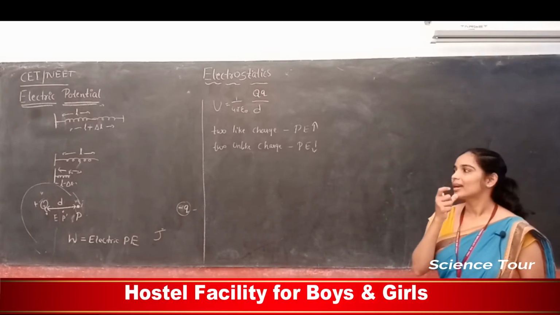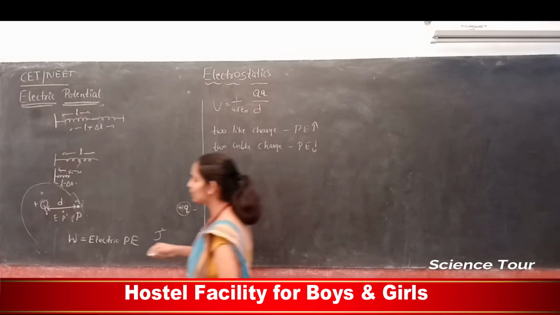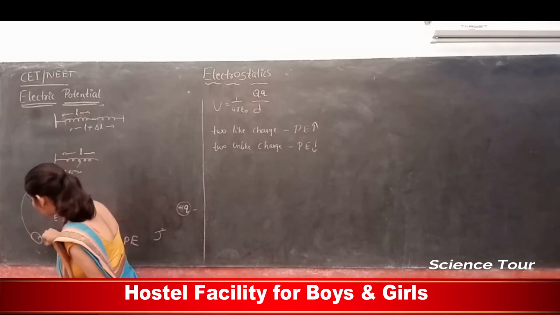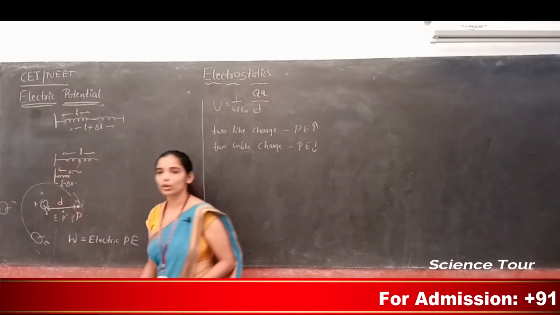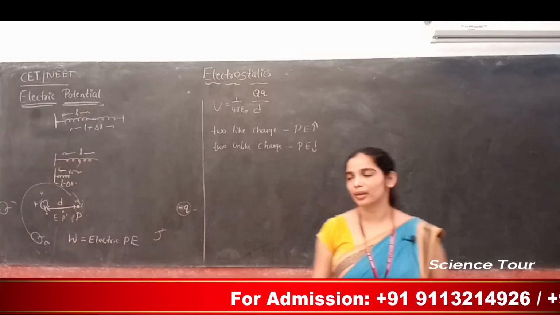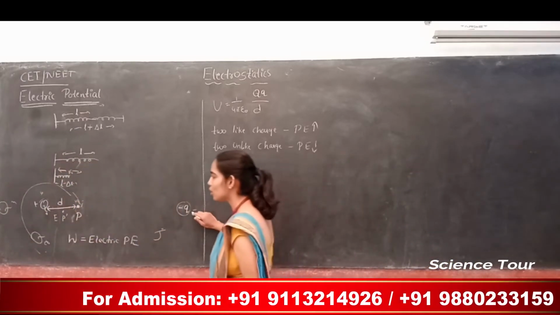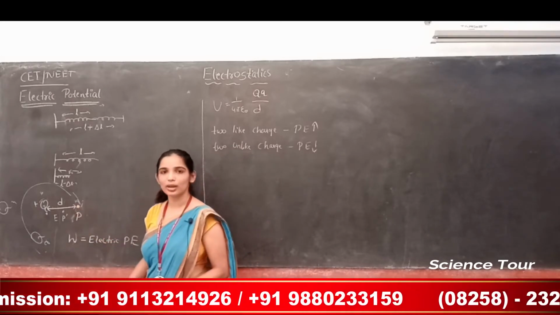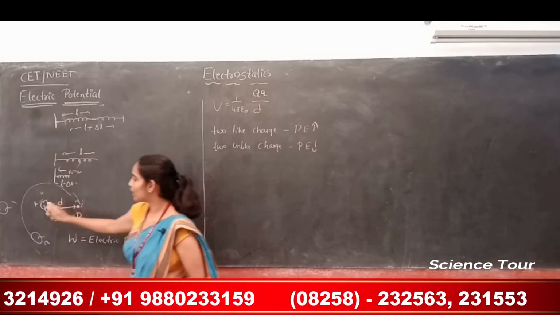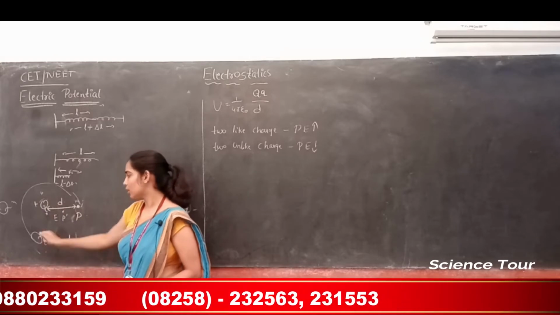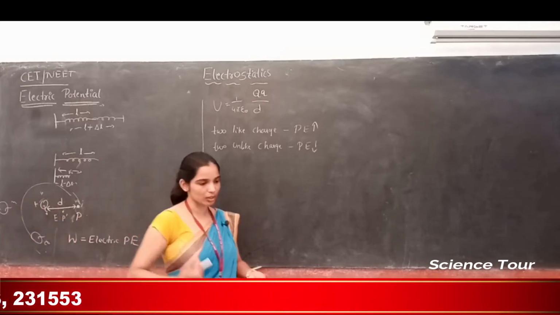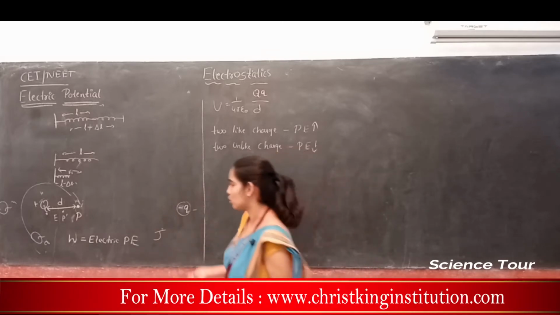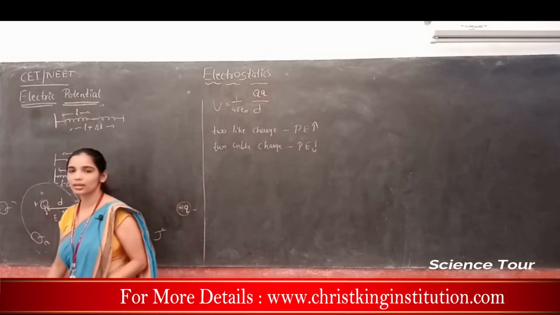If you have one other charge here, q2, and another charge here, q3, then what will be the potential energy at P? This charge should be brought to this position where the electric field of Q1 is existing, Q2 is existing, Q3 is also existing. So it should do work against Q1, Q2 and Q3.